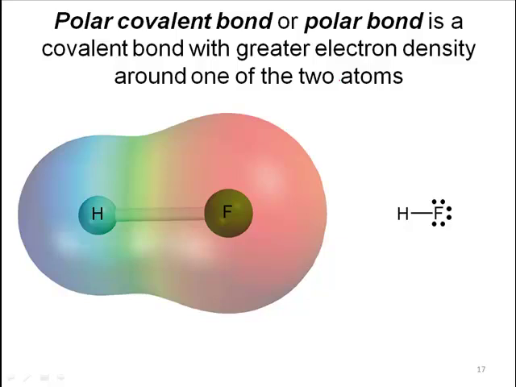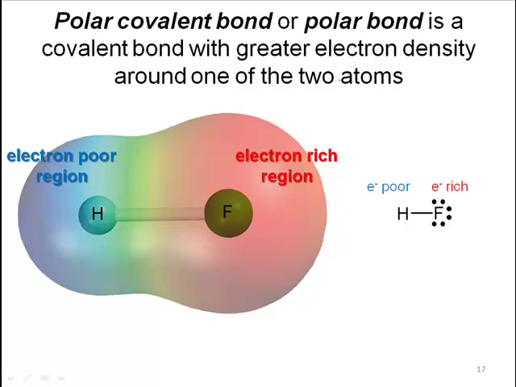Just because it has more electrons around it does not mean it will be the more electronegative element. If we had F and Cl, they both would have the same amount of electrons around it. But which one would attract the electrons more? F would. All right? So you've got the electron-rich region and the electron-poor region.